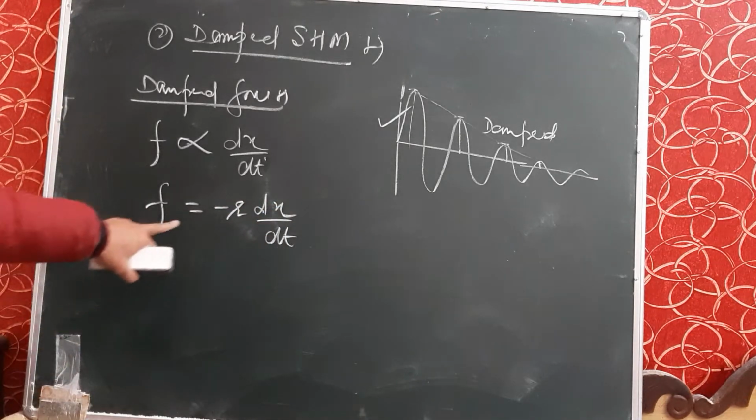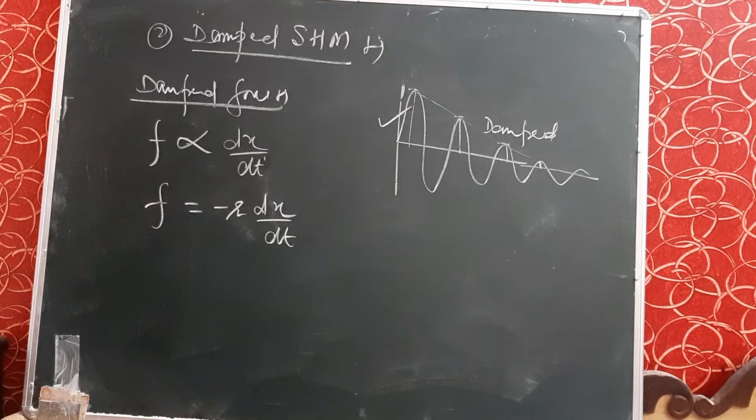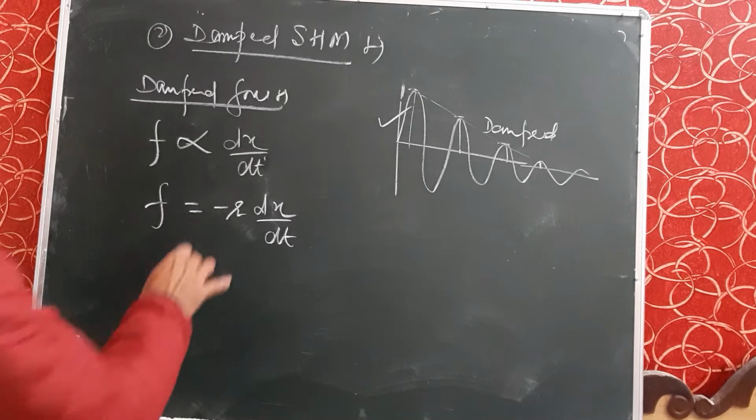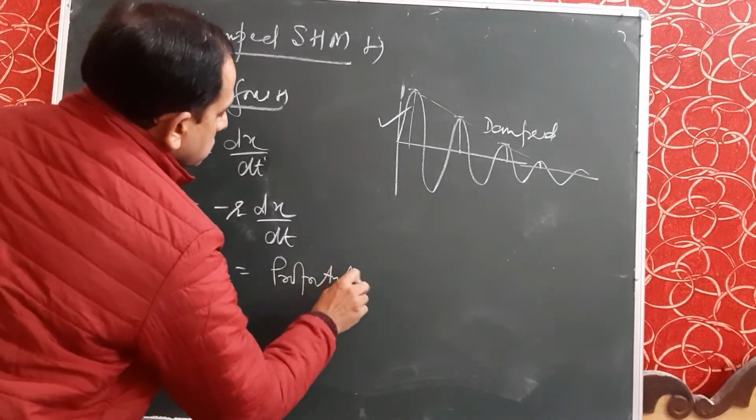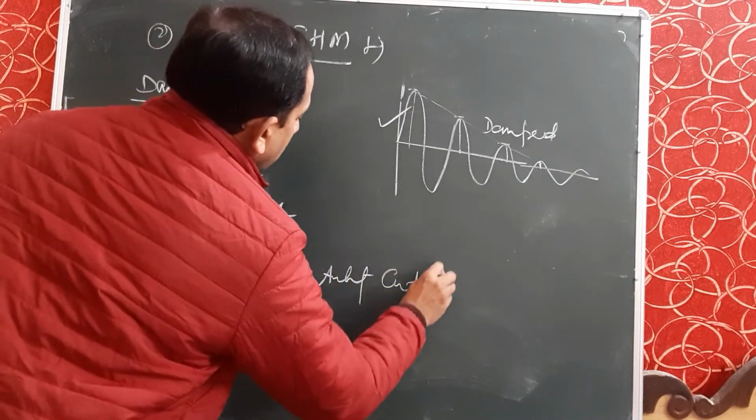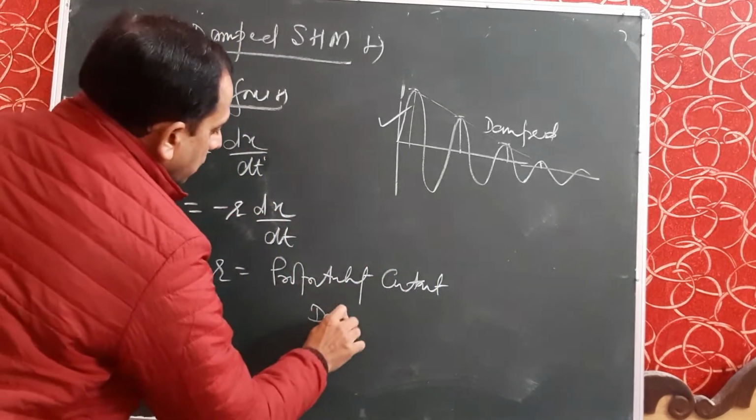This minus sign is used because this is a restoring-type force, acting in the reverse direction to the applied force. So it is a negative force, and this r is called the proportionality constant, or damping constant.